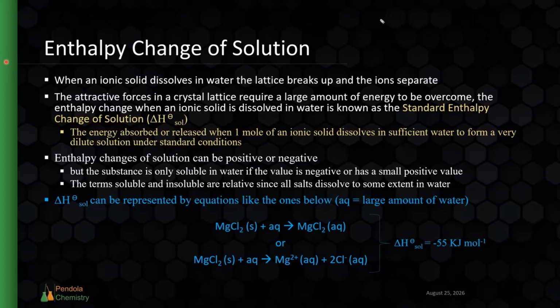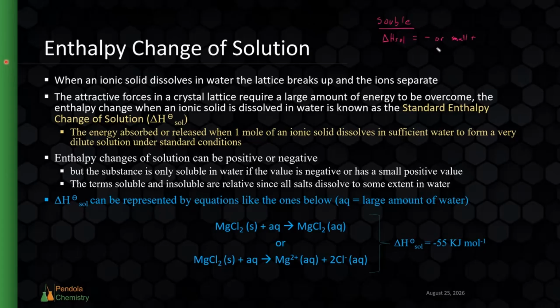So soluble, that term that we've used since honors chemistry, is only going to be applicable when delta H of solution is either negative or has a very small positive value. Why? Because in order for something to dissolve, it needs to overcome the enthalpy change of solution.